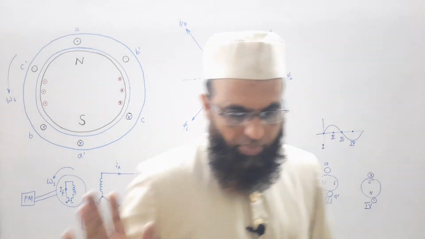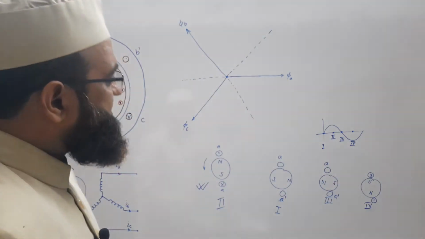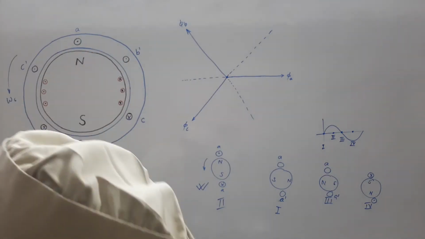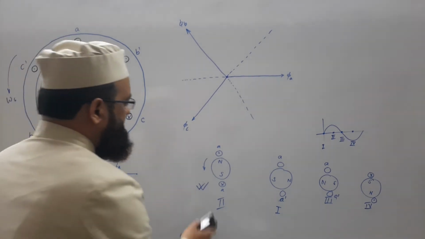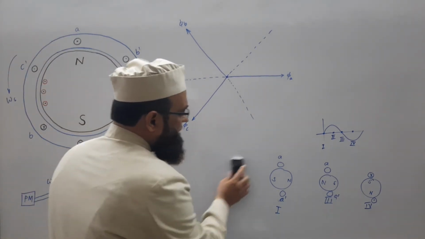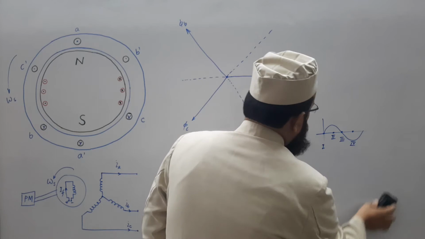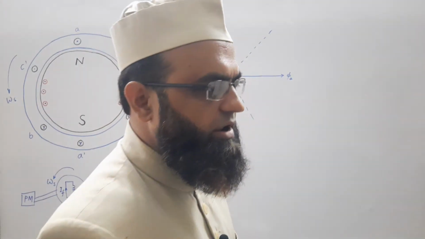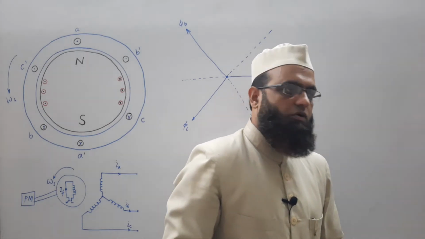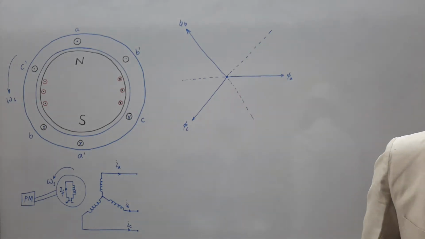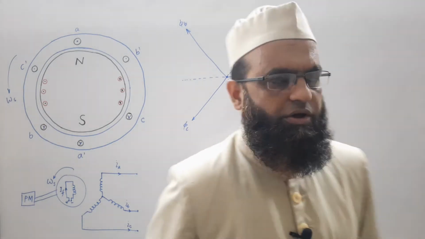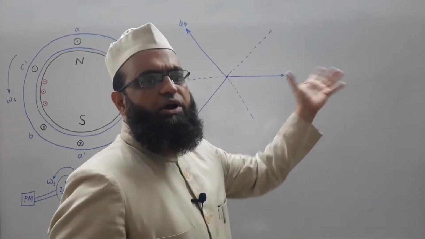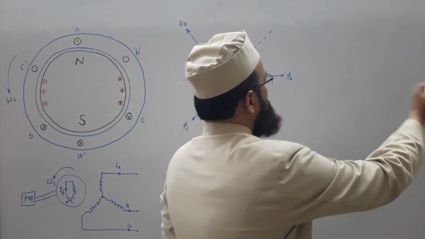Now, before starting armature reaction, let us recall the concept of phasor. Everyone might have studied phasor diagrams in the first year of graduation. Quickly we will brush up our concept of what phasor means.